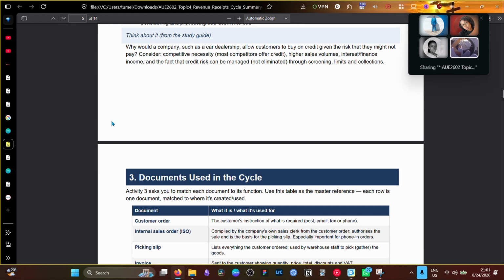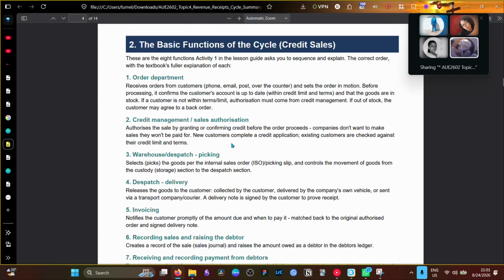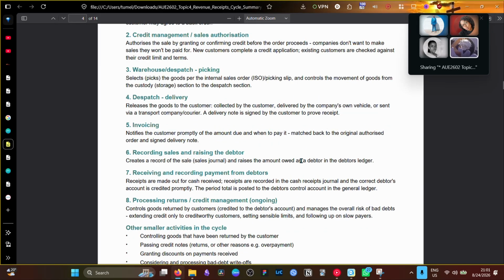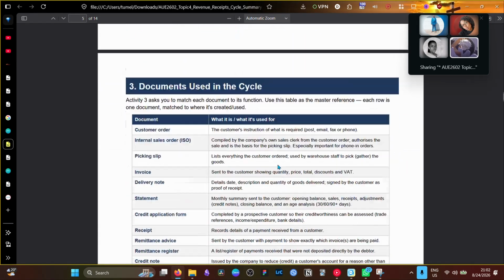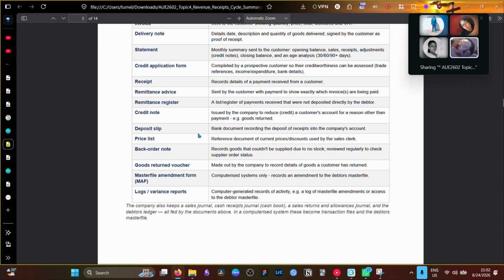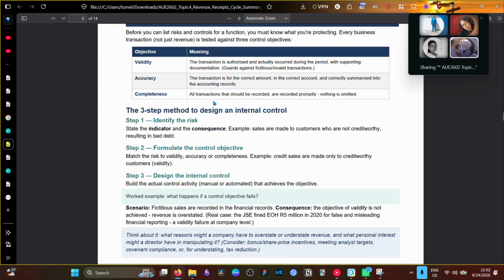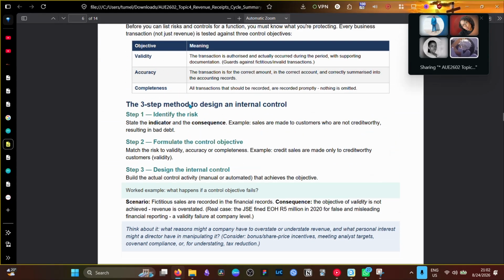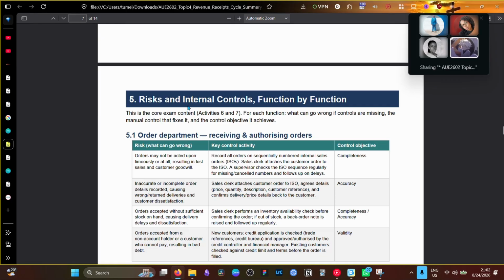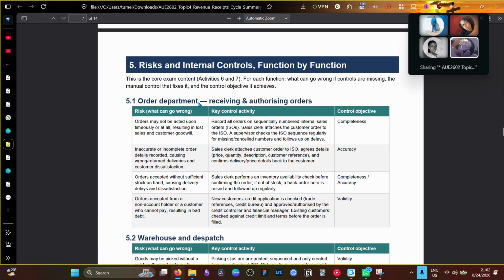When you're looking at the summary, you can then go deeper into the auditing notes. What's important is to understand each department, each cycle, the process of it, and the documents that are in that cycle. Then you're good to go. Sometimes they can even give you a risk that is not in the auditing notes, but because you understand the order department, you can answer and get a mark.